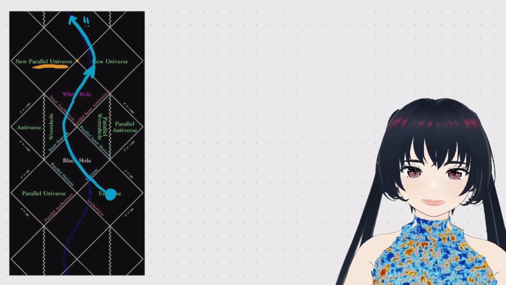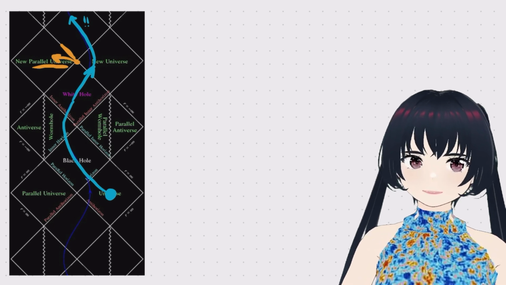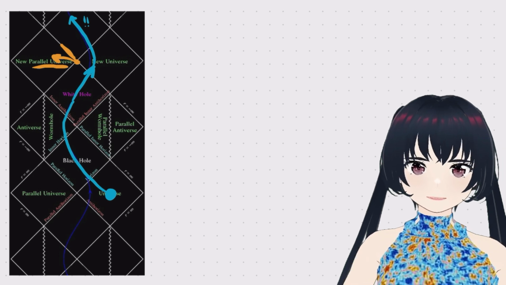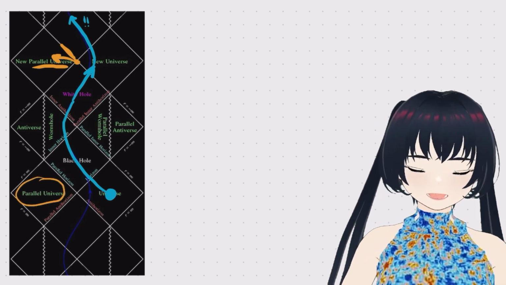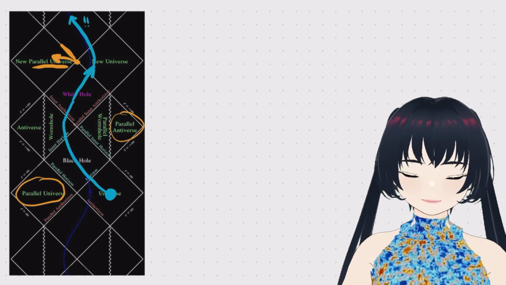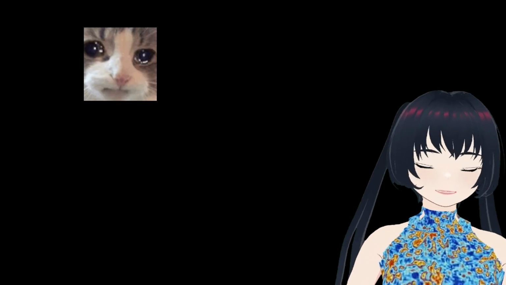But these are inaccessible because they would require us to travel at angles more than 45 degrees, meaning we would have to travel faster than the speed of light. But the fact that there are these regions here means that there could potentially be these universes that would remain unattainable to us forever. Now, this idea of parallel universes or white holes is still theoretical.